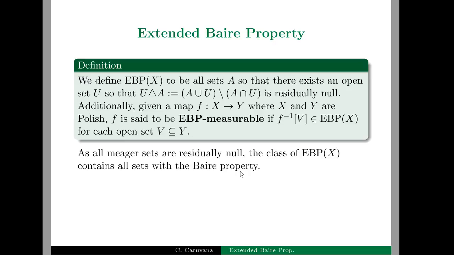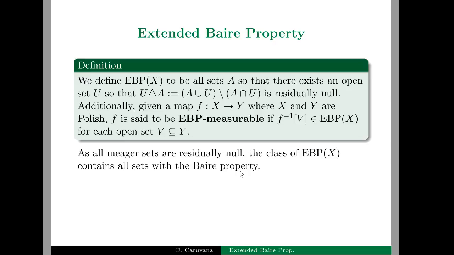Let's actually look at the extended Baire property, as you may expect. It looks exactly like the definition of a set with the Baire property, except now I've replaced meager with residually null. A set has the extended Baire property if and only if its symmetric difference from some open set is residually null. If I have a function from Polish X to, say, an arbitrary topological Y, it's EBP measurable if the preimage of any open set has the extended Baire property.